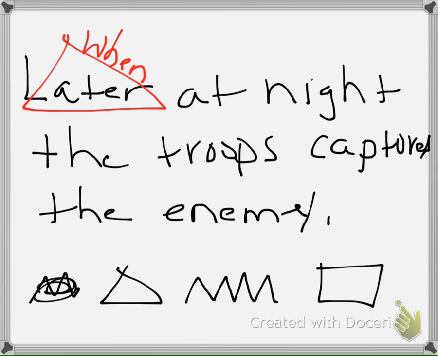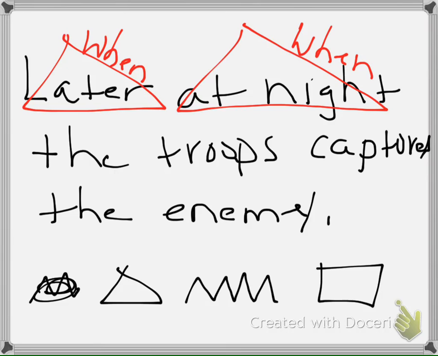That's one, and the second expander would be what? You got it. So once again, triangle, and what kind of expander is that? When. All right, what is the predicate? Captured. Who captured? The troops. Not just the troops, but just troops.